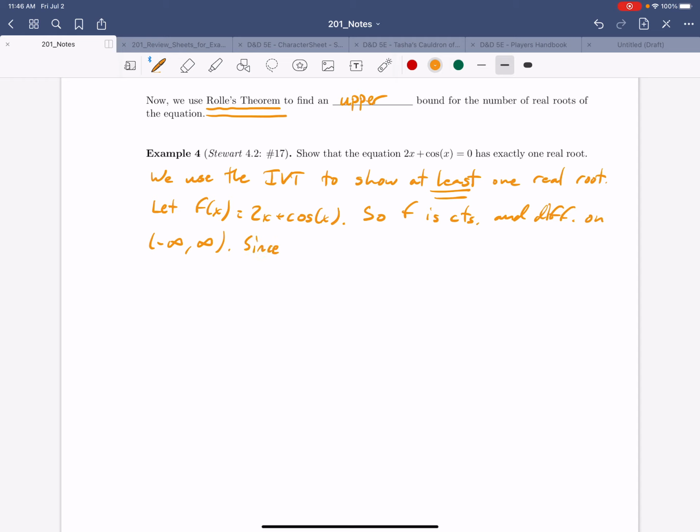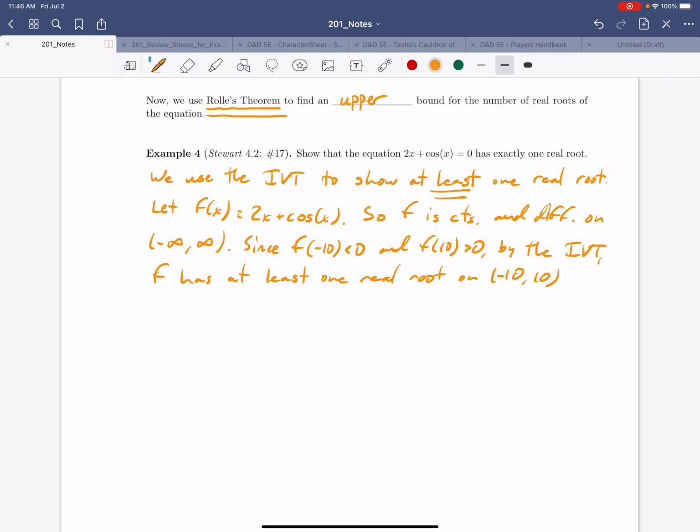Since f of negative 10 is less than 0 and f of 10 is greater than 0, by the IVT, f has at least one real root on the interval from negative 10 to 10. Of course, you could be more precise than that, but we don't care about precision. Not for this problem.